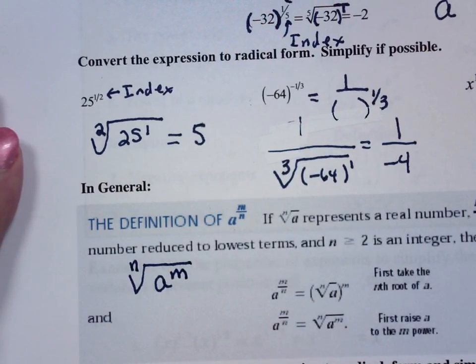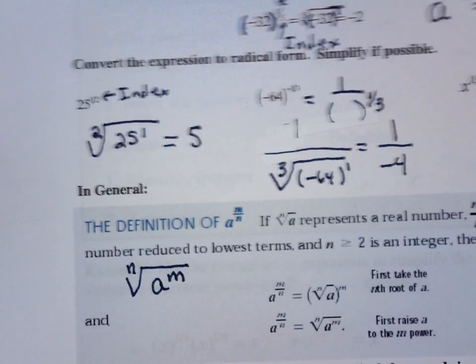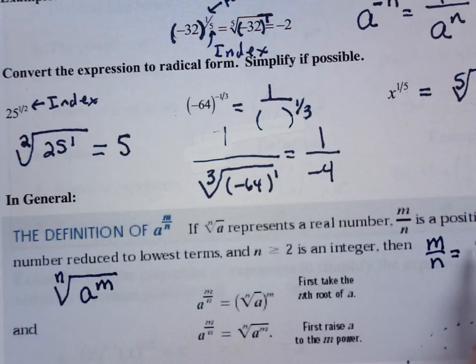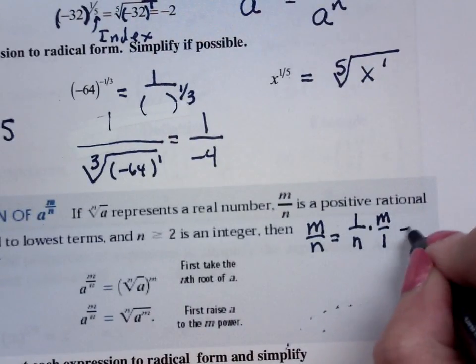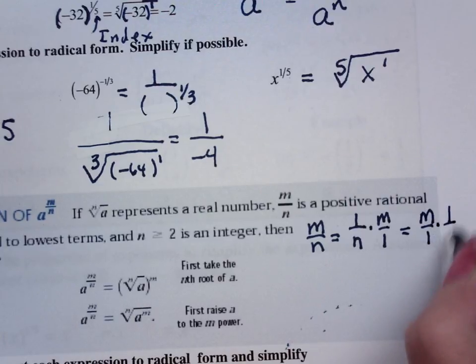But to work with that is a pain. So what we do is this. M divided by n can be written in one of two ways: 1 over n times m over 1, or m over 1 times 1 over n.